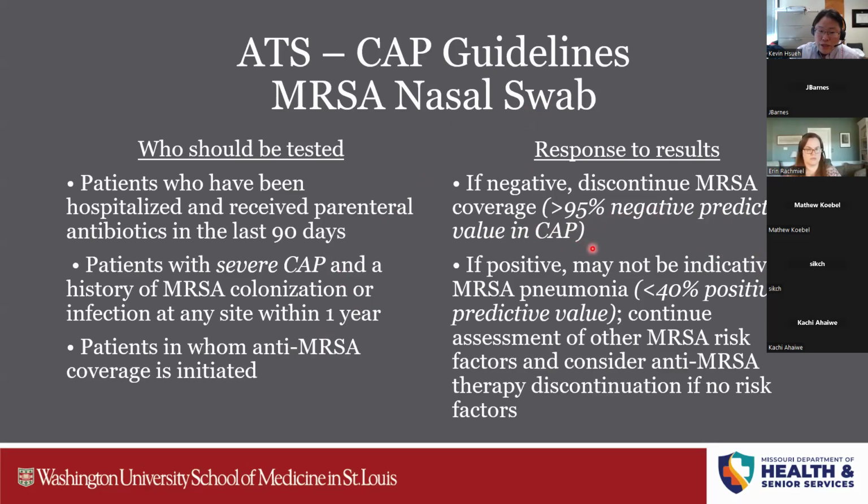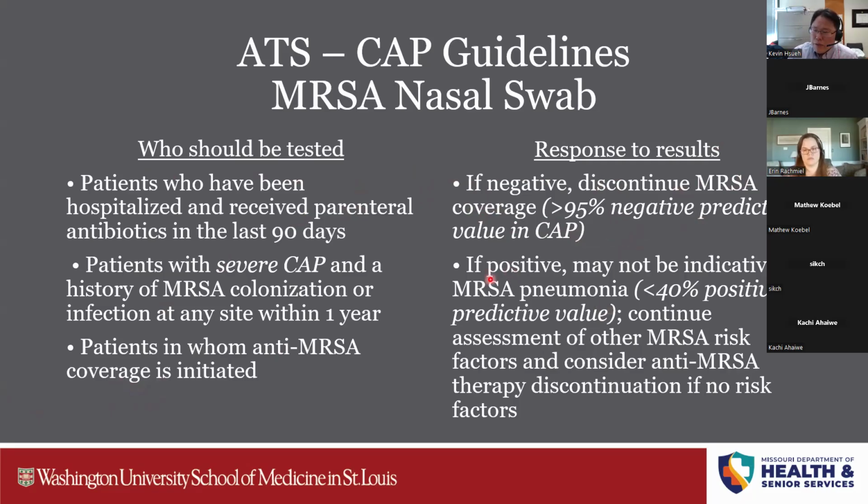So if you had a MRSA nasal swab on admission and it was negative, you were very unlikely to have MRSA pneumonia. The general recommendation at this point is that if you have that capability within your hospital, anybody who's getting started on vancomycin for community-acquired pneumonia should probably get a MRSA nasal swab to help with discontinuation going forwards.